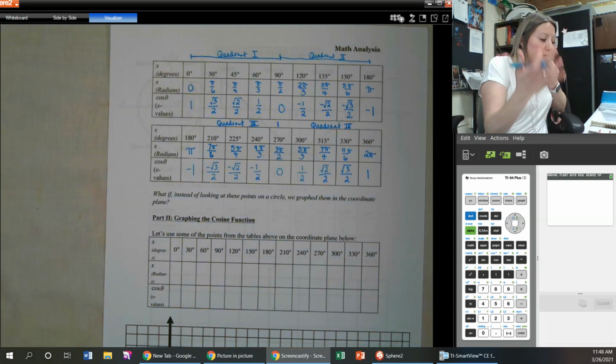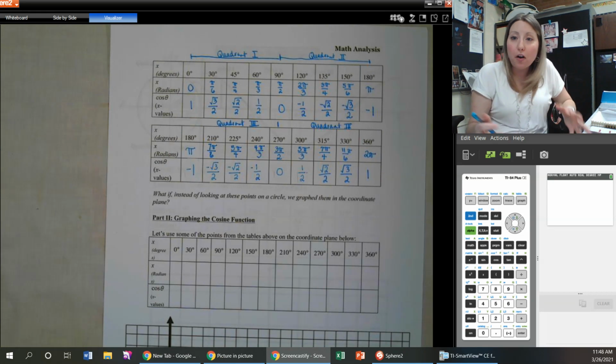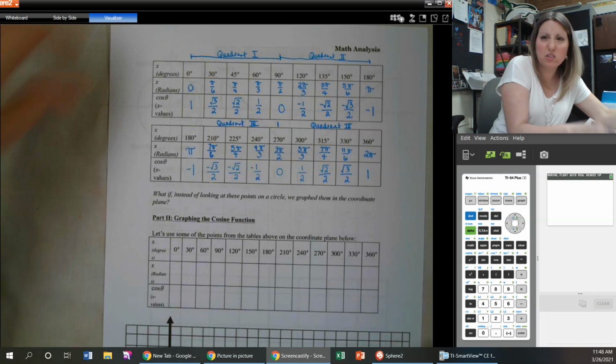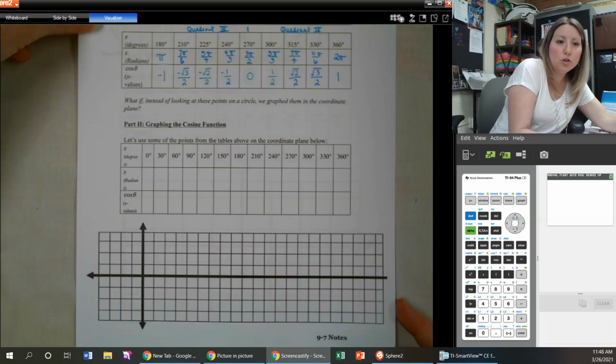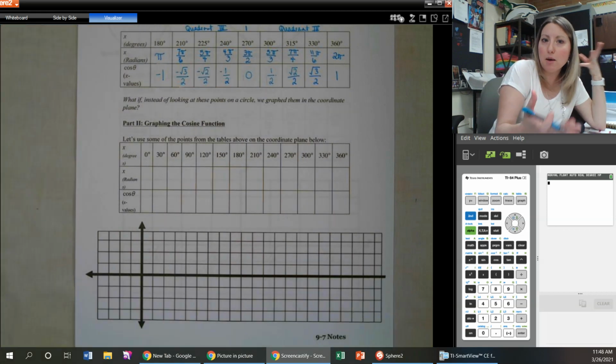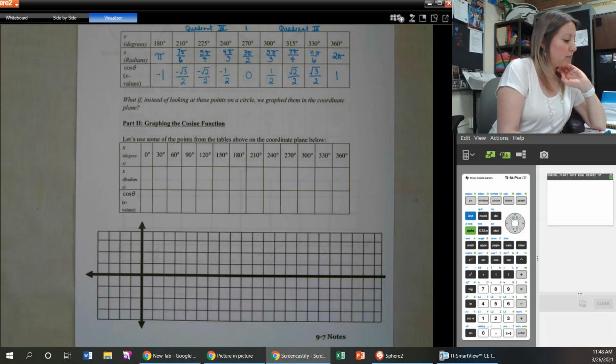Okay, so a different look as far as our cosine curve goes. It's just slightly different looking, enough that you can kind of recognize them when we're looking at these differences.